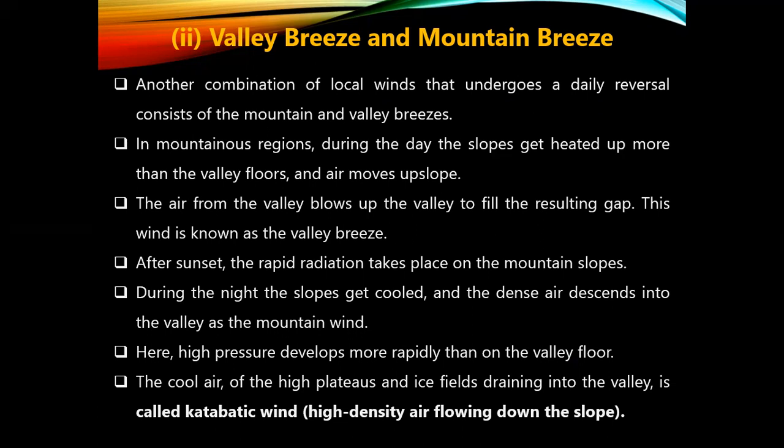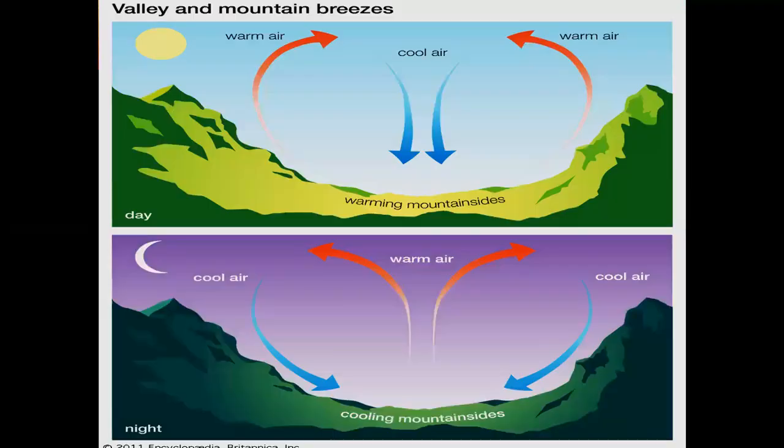After sunset, rapid radiation takes place on the mountain slopes. During the night, the slopes get cooled and the denser air descends into the valley as the mountain wind.